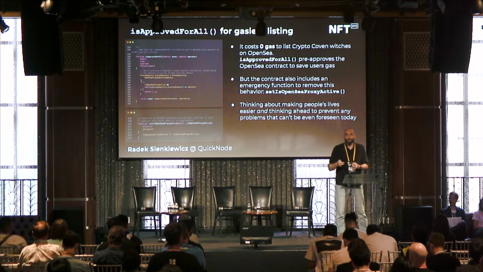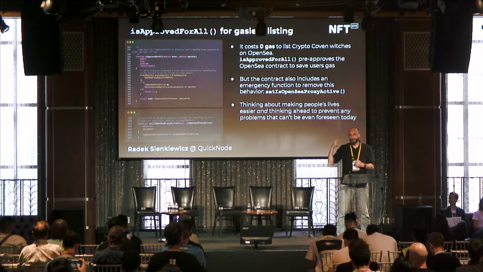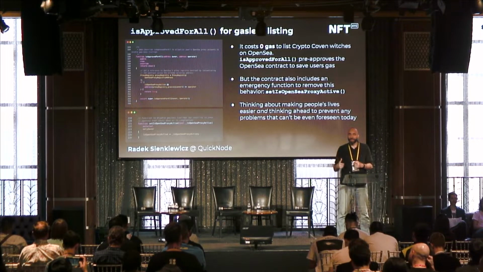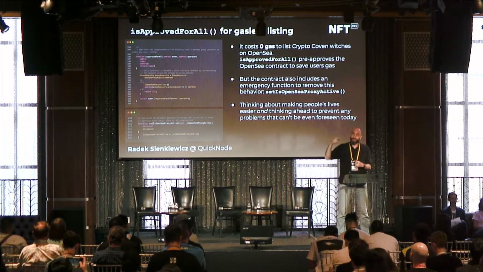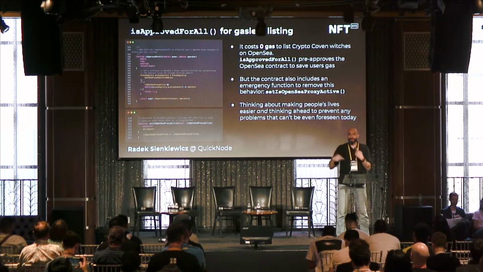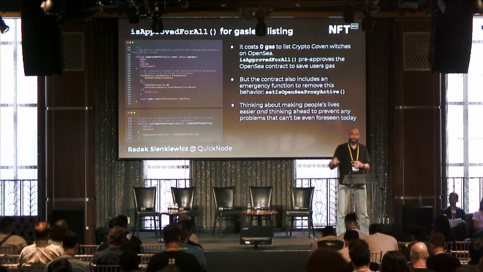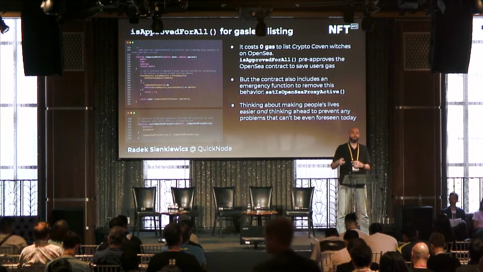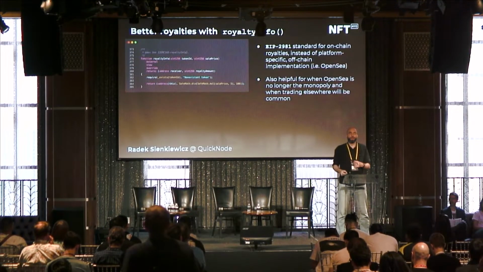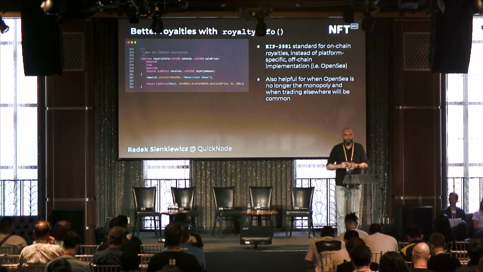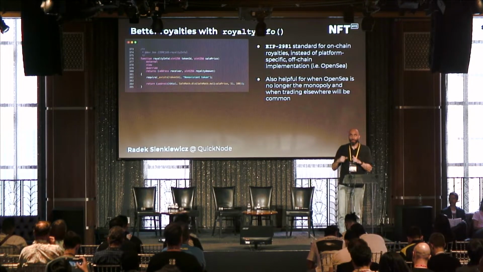And if at any point this function is broken on OpenSea or anywhere else, there's also another function that disables that. And that's, again, something that you don't usually see in smart contracts. It's thinking ahead, and there are multiple things in that smart contract.